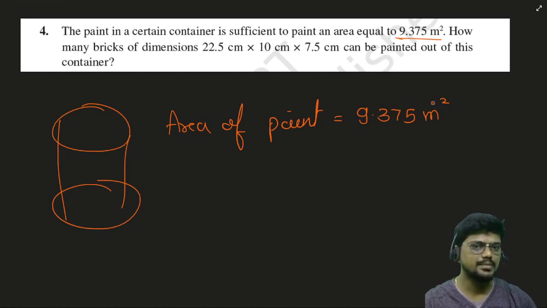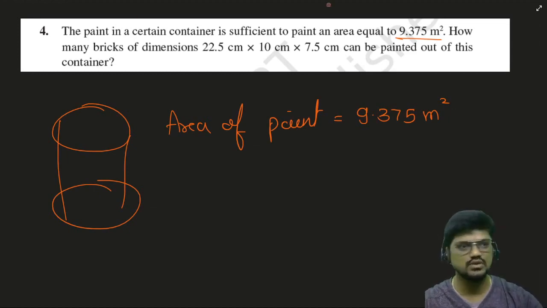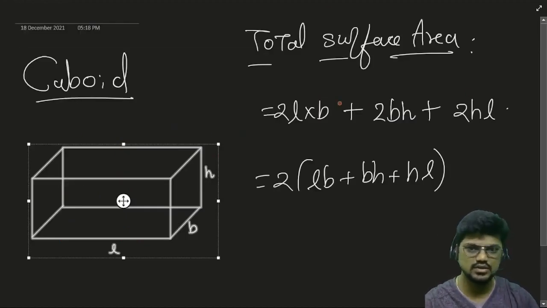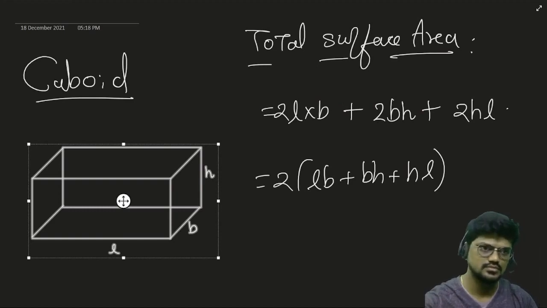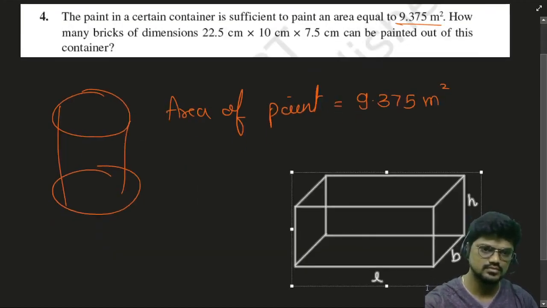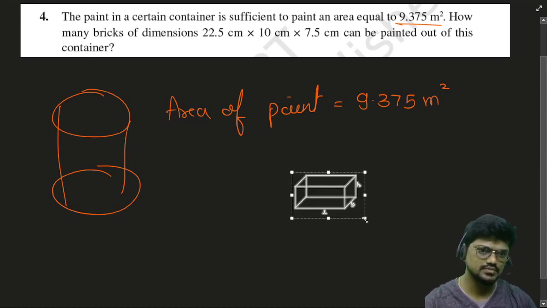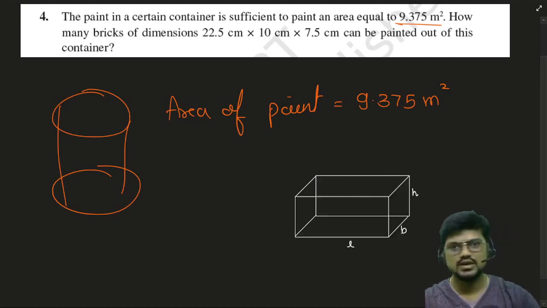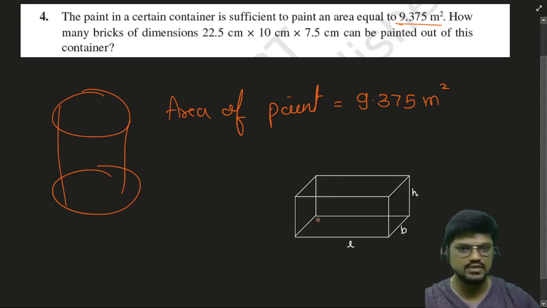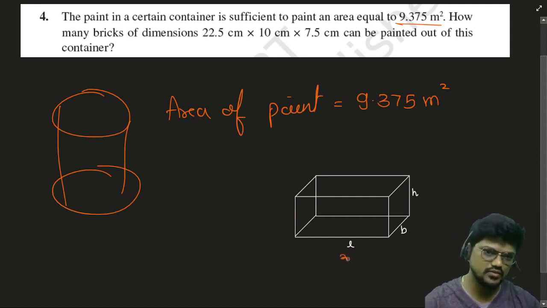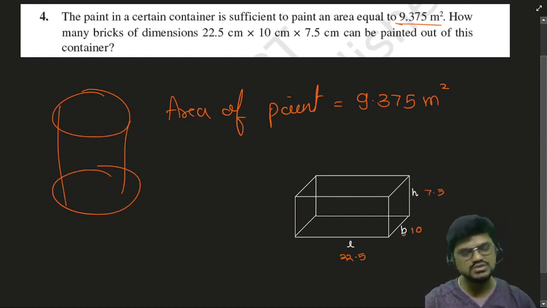If you want to paint bricks, suppose this is your brick. The length, breadth and height of the brick are given: length is 22.5, breadth is 10, and the height is 7.5. You can find the total surface area of a brick.